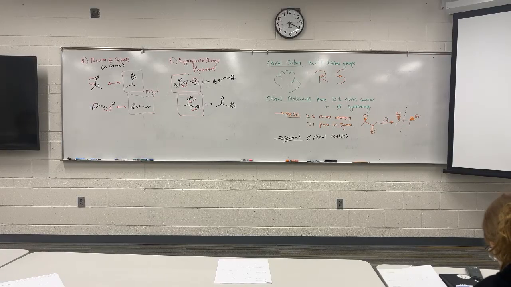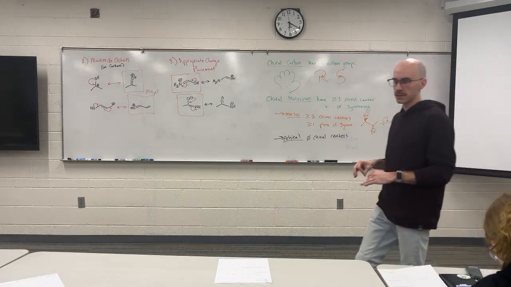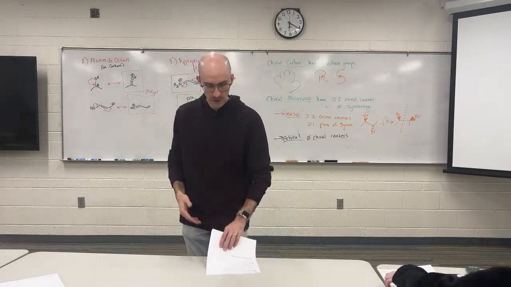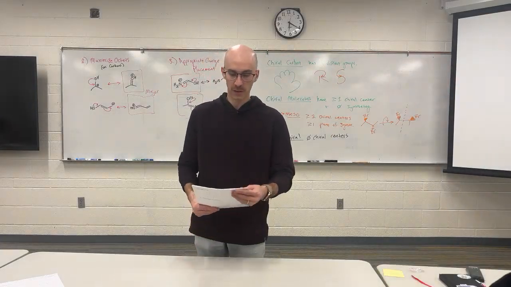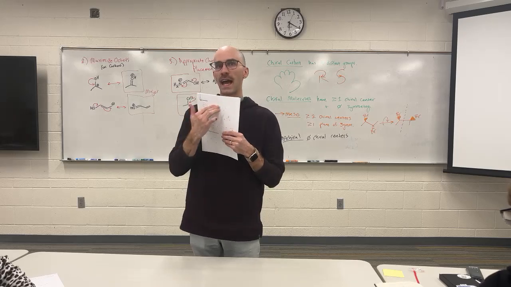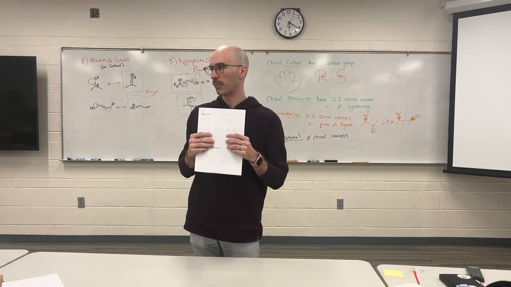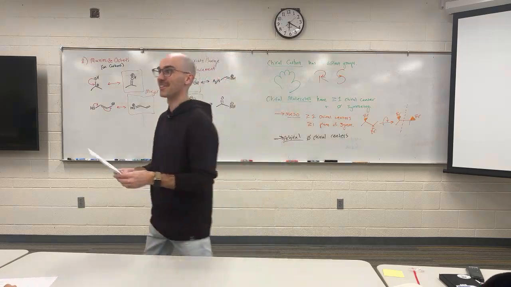Yes, because if you can't orient the fourth group back, you can't determine rotation 1 to 3. So without wedges and dashes, you cannot know the absolute configuration. So I want you guys to do that top row of molecules. Label these molecules as chiral, achiral, or meso. Just the top row.